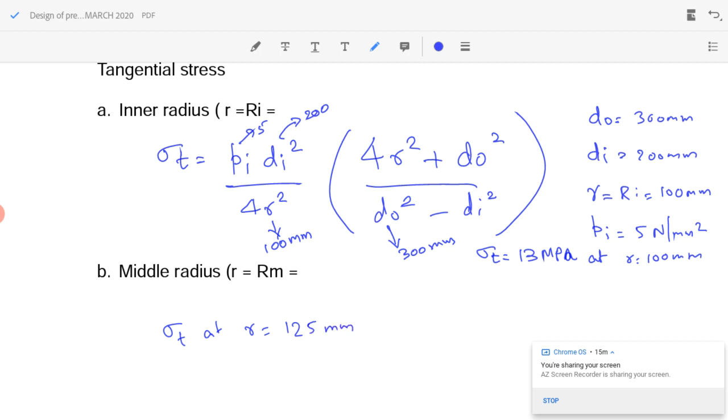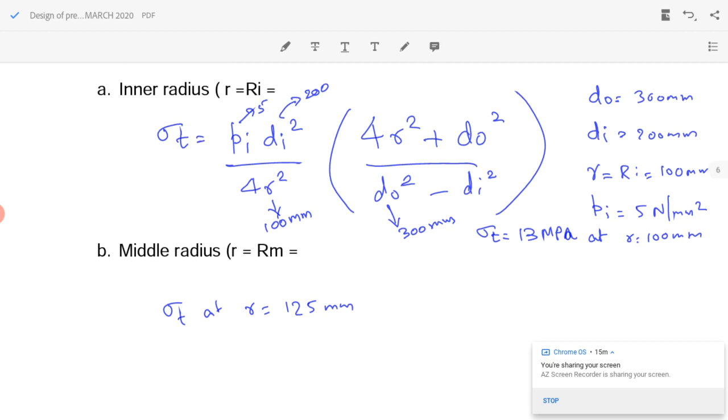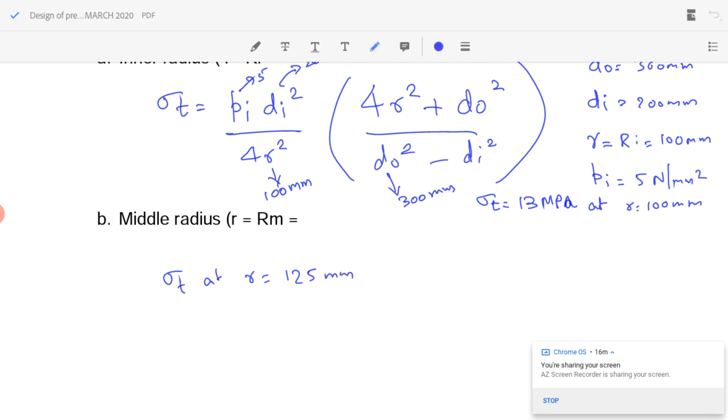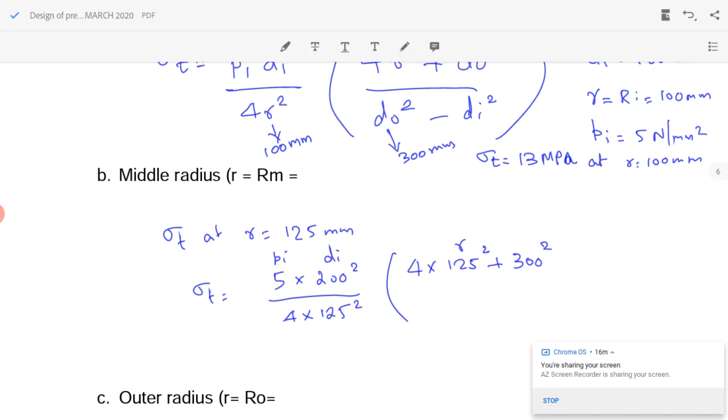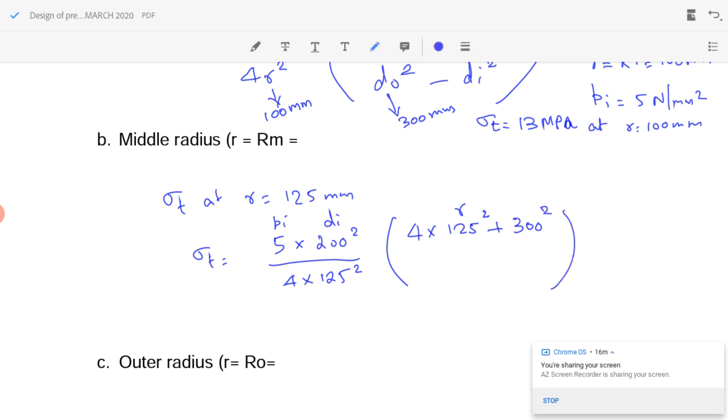Substituting R by 125 mm, after substitution I will get sigma T equal to 5 into 200 square, where 5 is the internal pressure and 200 is the internal dia, divided by 300 square minus 200 square, into 4 into 125 square, that is 4R square, plus Do square, Do equal to 300 mm, 300 square, divided by 4 into 125 square.